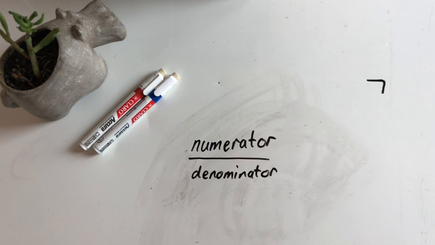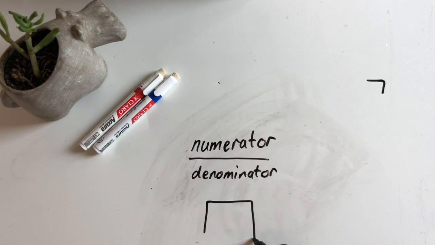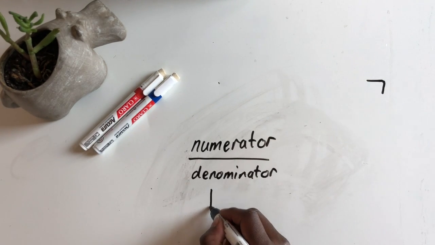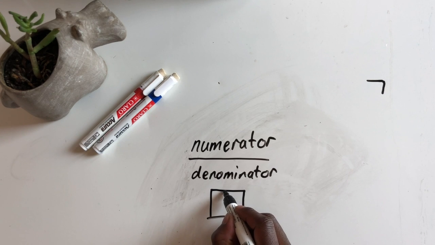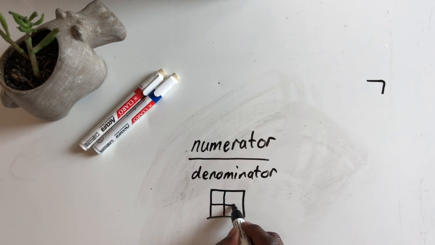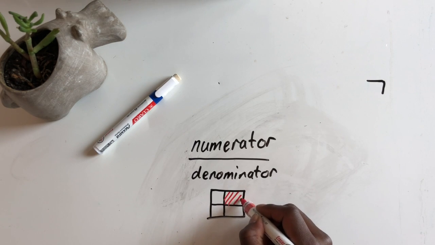So, for example, let's look at a square, okay? If we were to divide this square into, for example, 4, and shade in 1.